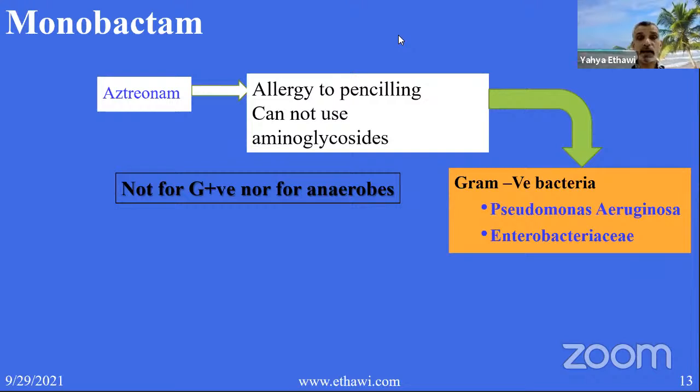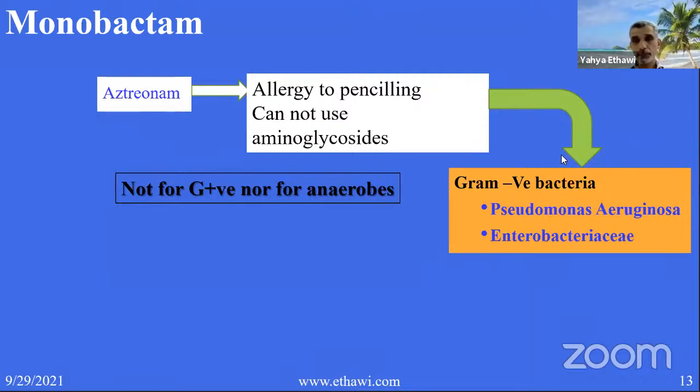Aztreonam, sorry, I'm misspelling it. Aztreonam is very good when you have an allergy to penicillin. The problem with aztreonam is that we cannot use it with aminoglycoside. It's not a penicillin.